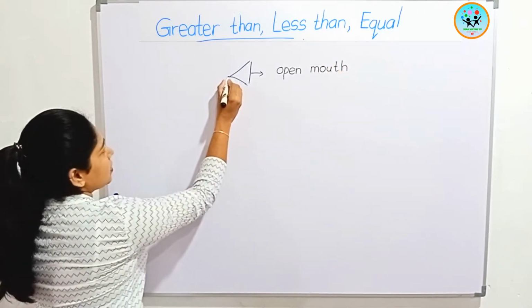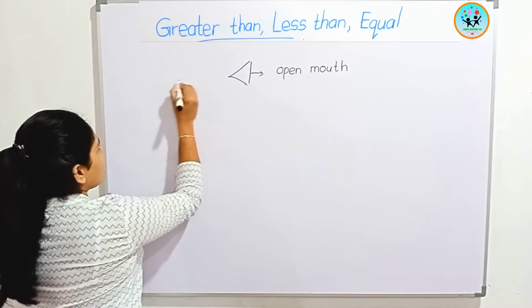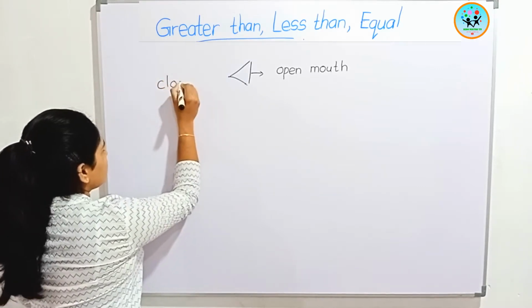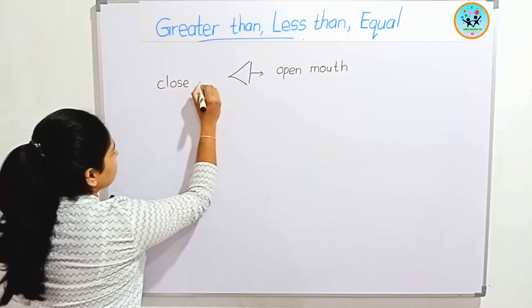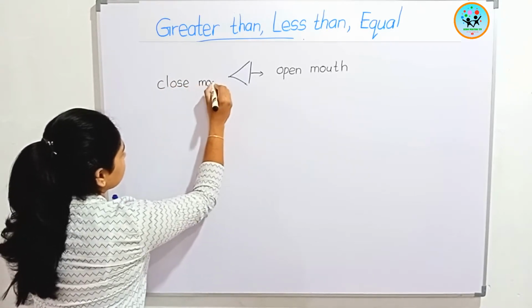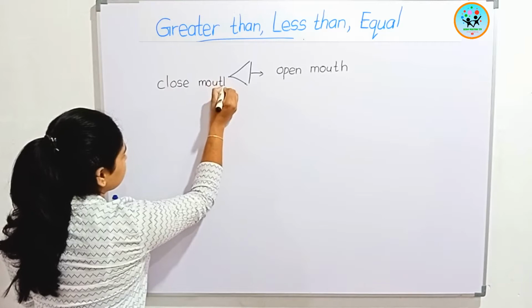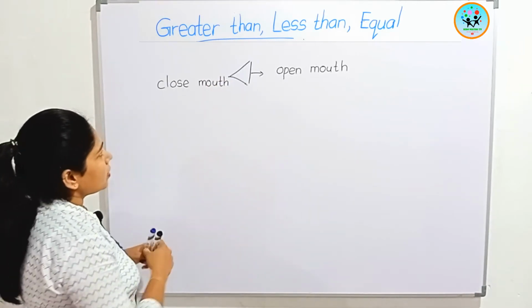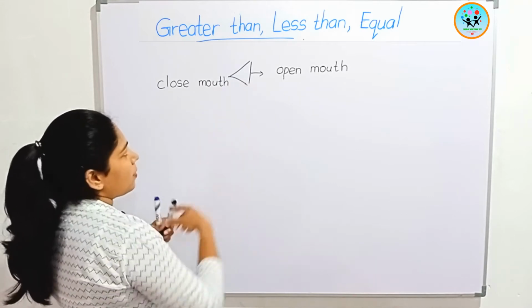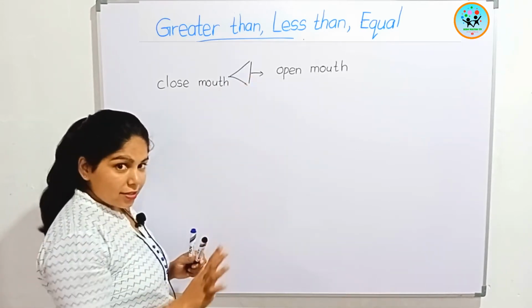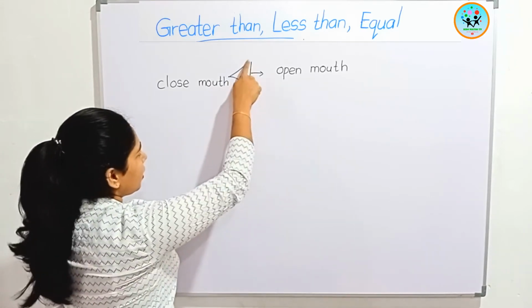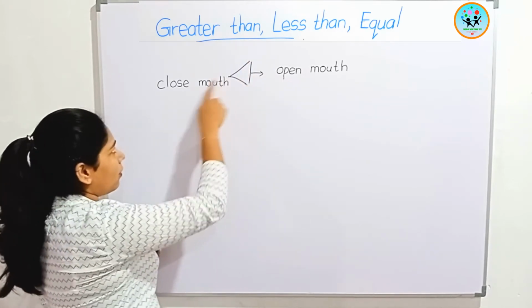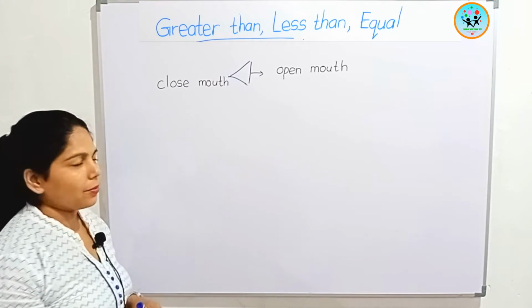This is closed mouth. This is the symbol. There are two parts of this symbol. This is called open mouth. This is called closed mouth.